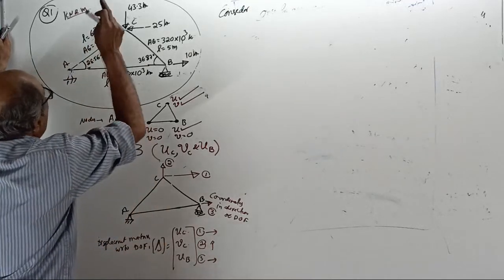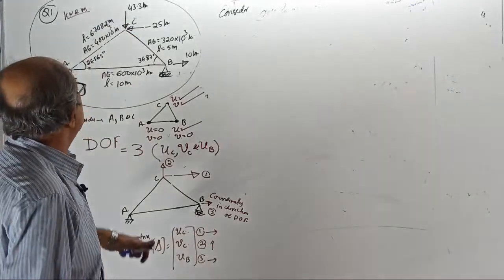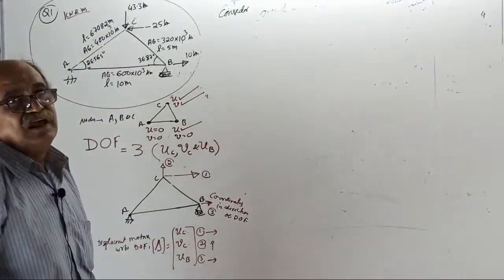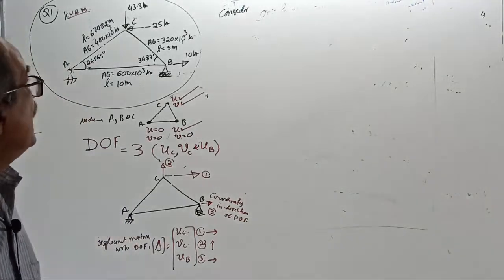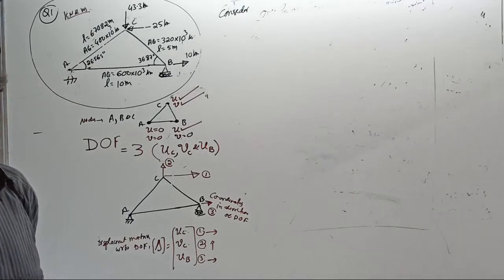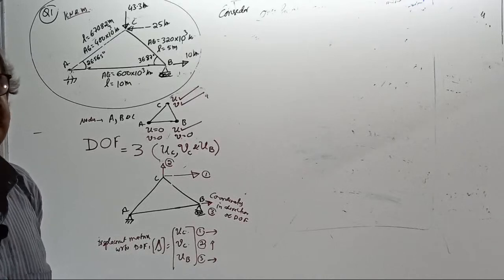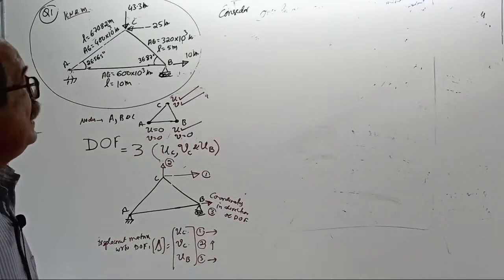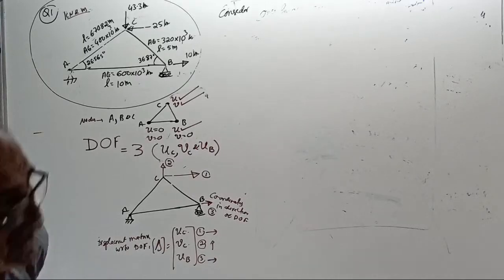Suppose you want the angle at C, how to write it? It is not AC then. In case you want to measure the angle at C, you can write either AC or CA, but if your angle at A is considered, call it AC. If you are interested in angle at C, you should call it CA.